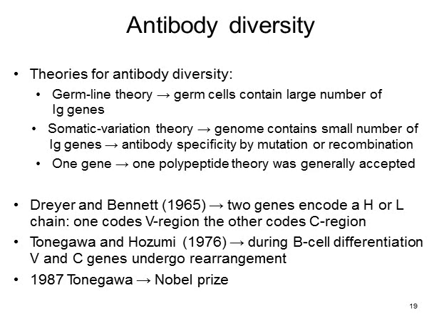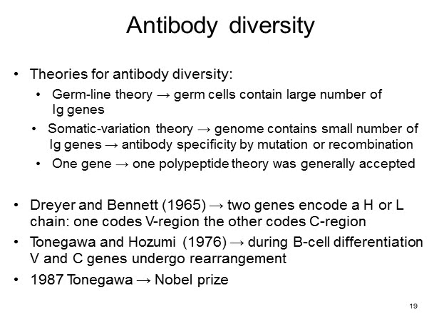In general, the one gene equals one polypeptide theory is accepted across the scientific community. In 1965, Dreyer and Bennett discovered two genes that encode an H or L chain. One codes the V region, while the other codes the C region.